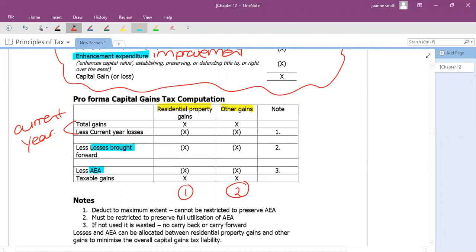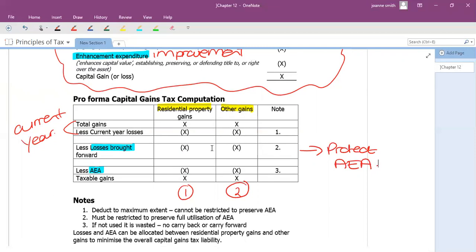But what you are allowed to do is protect the annual exemption allowance. So you don't have to use those losses brought forward if there is no benefit from using them. So if you're already going to eliminate the gain with the annual exemption, you would always use that in priority to the losses brought forward, because if you don't use those, you can carry them forward and there's no limit to how long that can go on for.